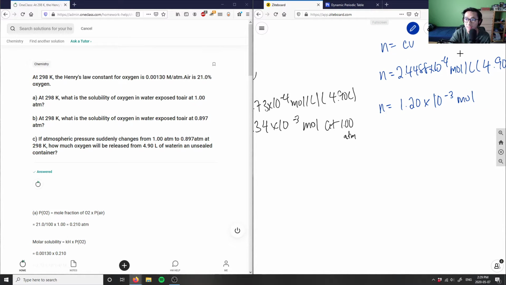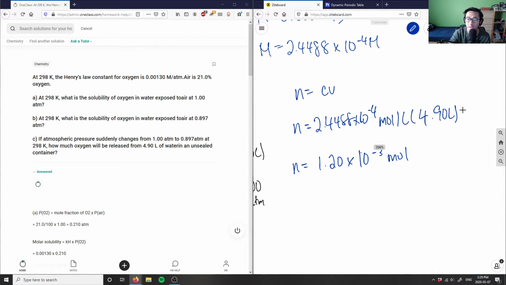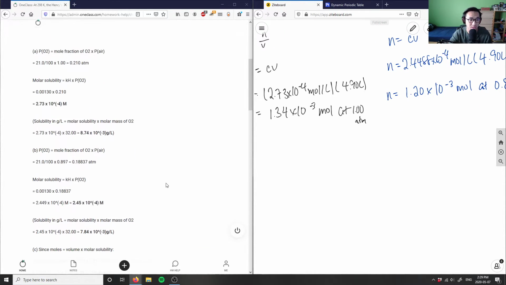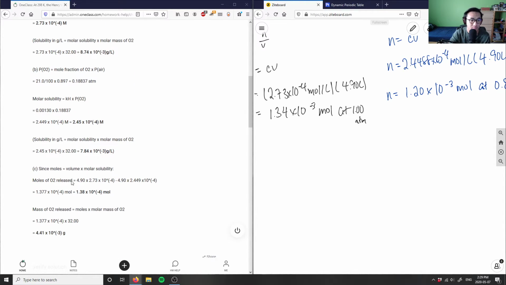Now I have these 2 moles values: one at 1.0 ATM and one at 0.897. I can find the difference between them by subtracting. So 1.34 times 10 to the negative 3 minus 1.2 times 10 to the negative 3.